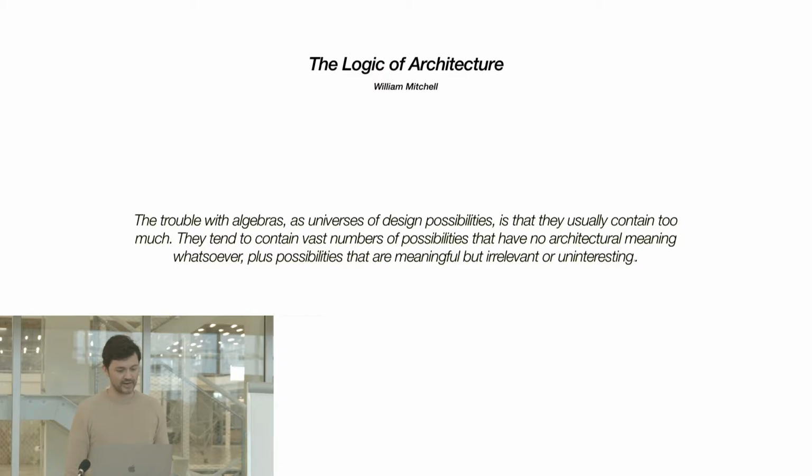They tend to contain a vast number of possibilities that have no architectural meaning whatsoever, plus possibilities that are meaningful but irrelevant or uninteresting. So he's afraid of these lots that we have today. His problem with algebra is that it contains everything there is. So for him, this is too much. He needs to find rules which will tell him what is good and what is bad. Today, and I will show you how this works in algebraic approaches, this is not really a problem. But it is a problem for a logician.